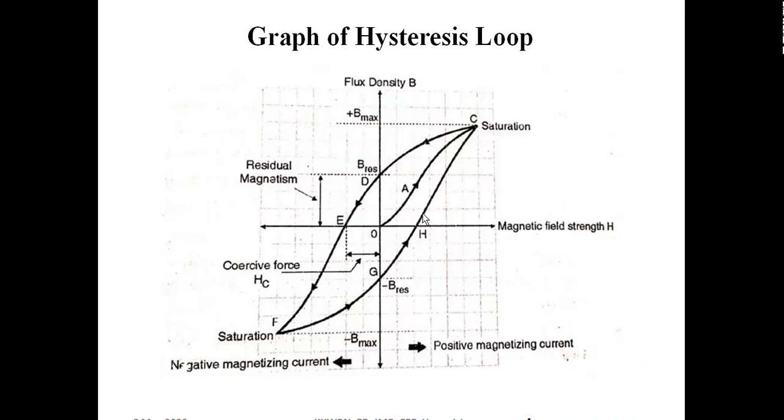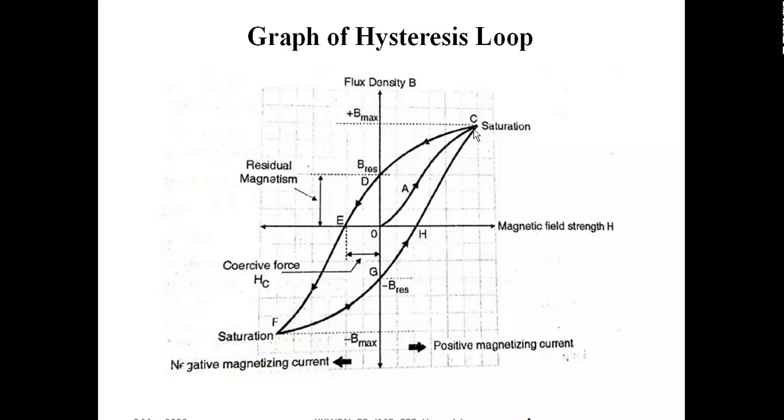Further increase in the value of current, that is H, will again reach the point C. So this C, then D, E, F, G, H, and again C. Whatever these external lines and direction you can observe here is being termed as the hysteresis loop.